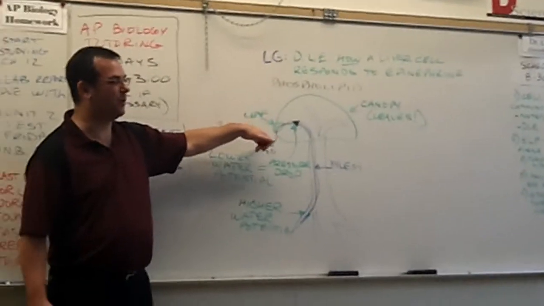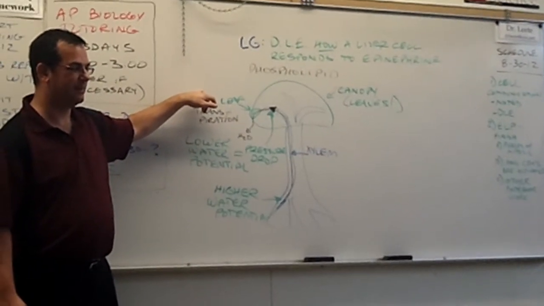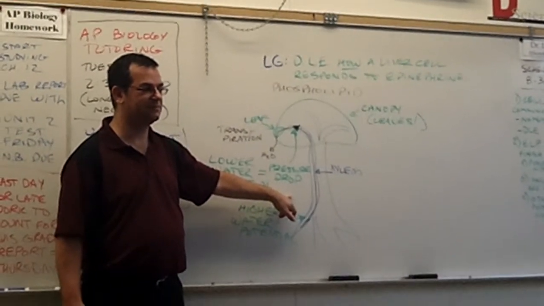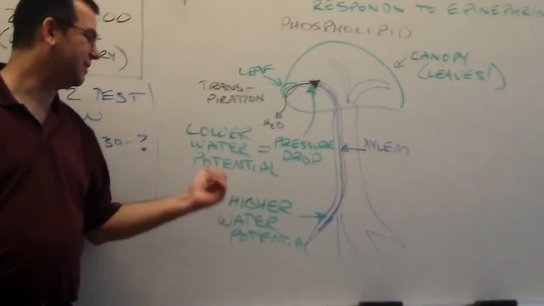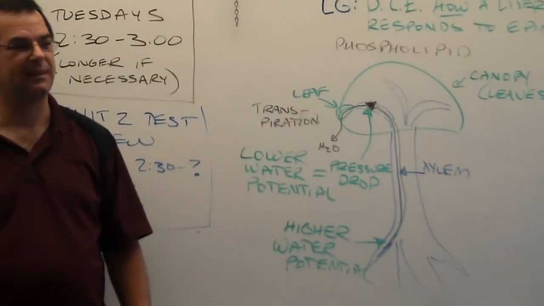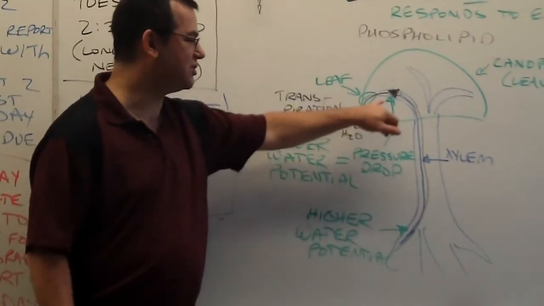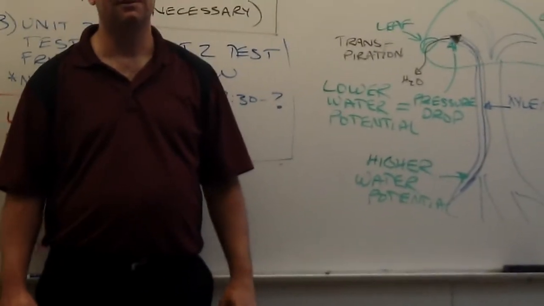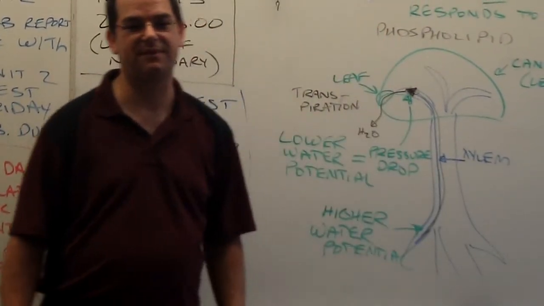All right. Again, as water is lost from leaves by transpiration, the pressure in the leaf xylem drops. This lowers the water potential in the leaf. Because water potential in the leaf is now lower than water potential in the root, water moves up from the root to the leaf.